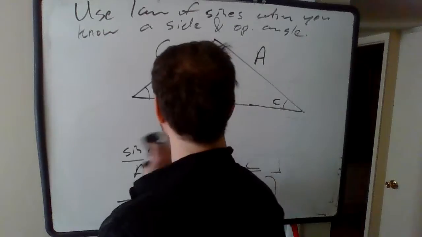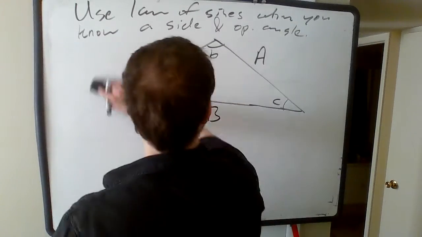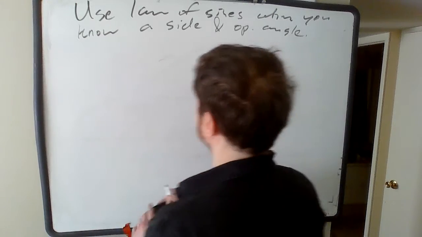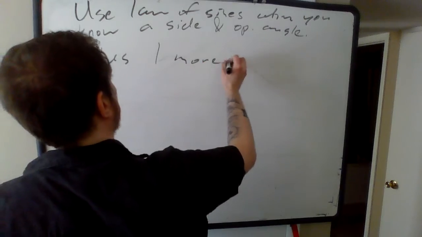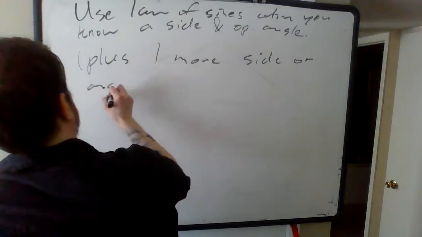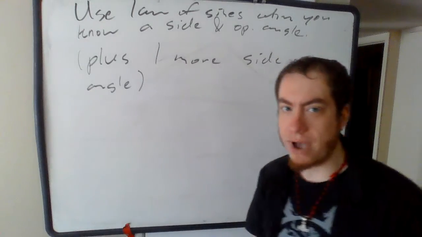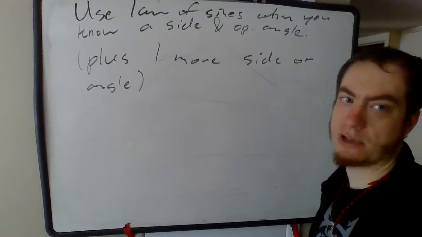It turns out you actually need to know a little bit more than that. You need to know one more side or angle. So you actually need to know 3 measurements of your triangle in order to use the law of sines.